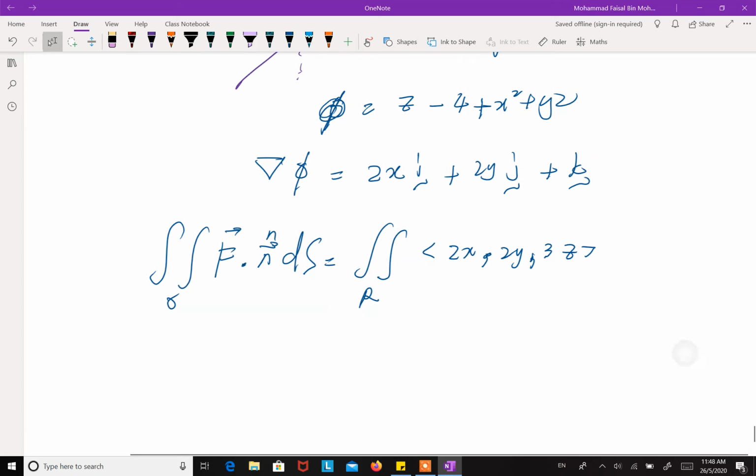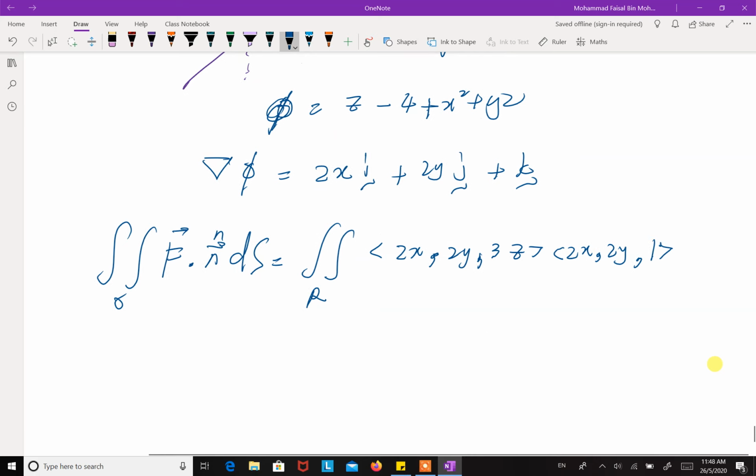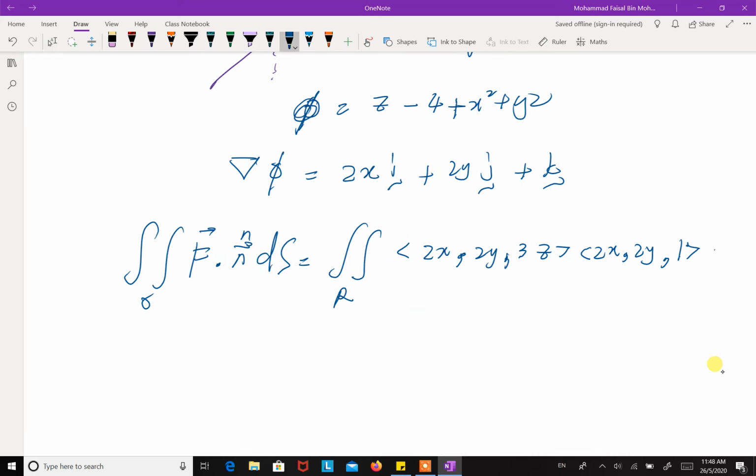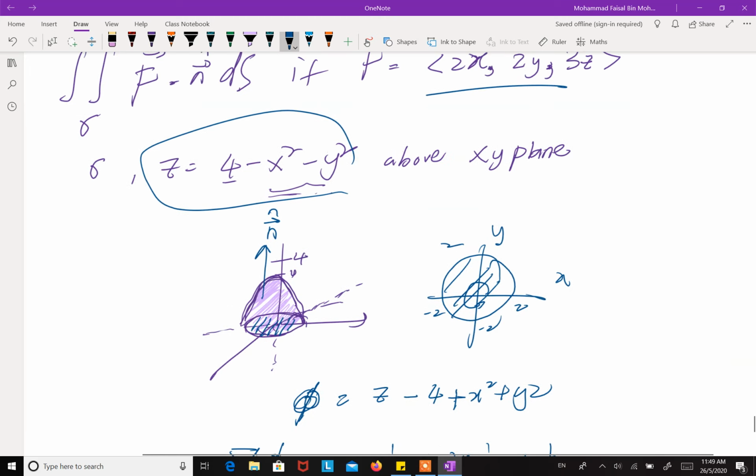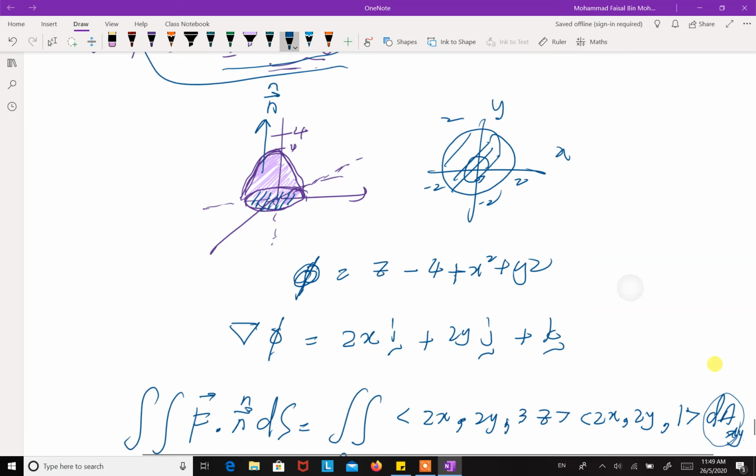The gradient phi will be 2x, 2y, 1k. So your dA will be the region at xy. If you solve this, you'll get 4x squared plus 4y squared plus 3z. Remember, we are evaluating for the region at xy, so we don't want the z. So the z must be substituted with 4 minus x squared minus y squared.